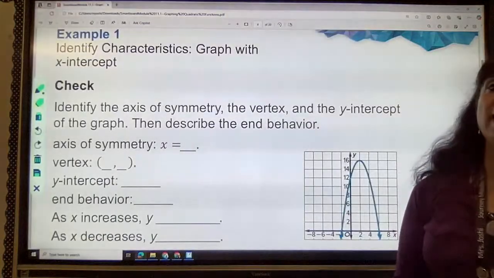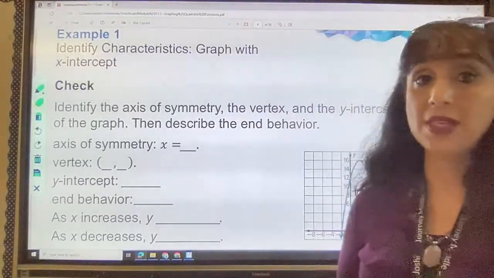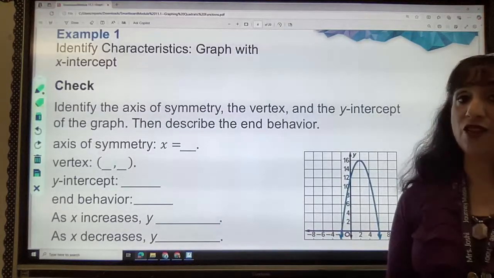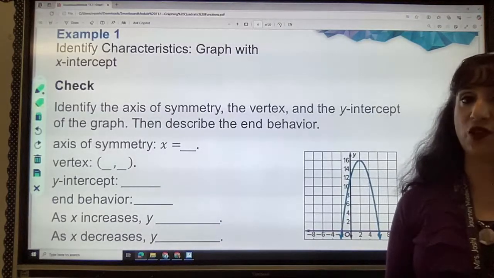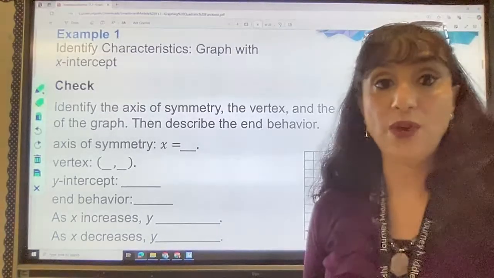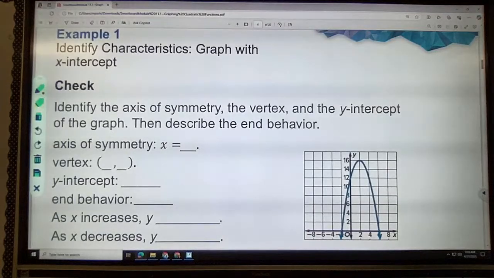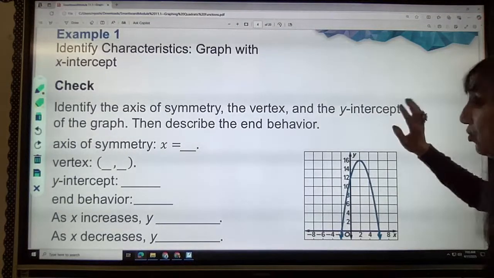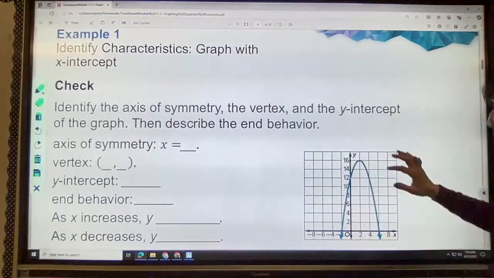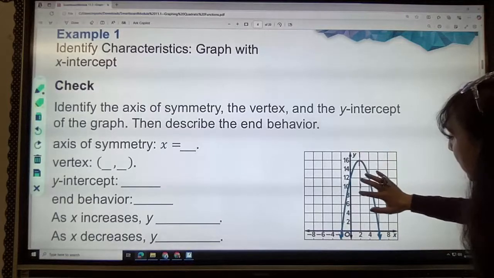We are identifying the characteristics, and we are going to graph with the x-intercept. So we are going to identify the axis of symmetry, the vertex and the y-intercept of the graph, and then we're going to describe the end behavior. So let's look at where the axis of symmetry is. I'm going to draw my line, which is the axis of symmetry, and of course it has to go through the vertex of the parabola.